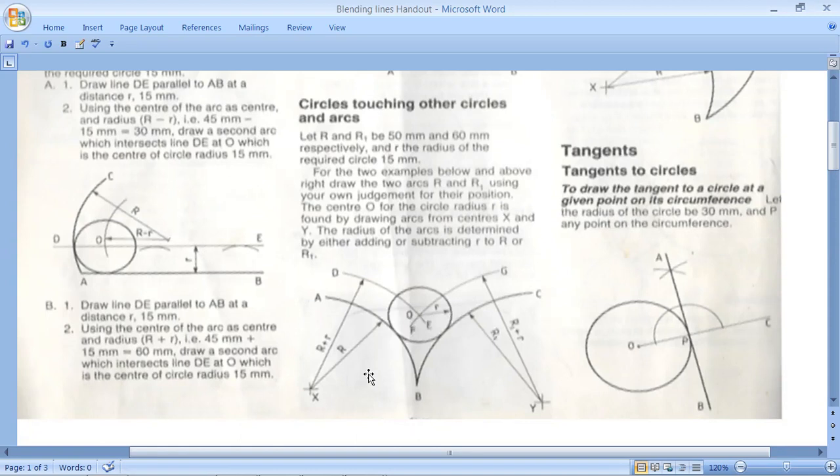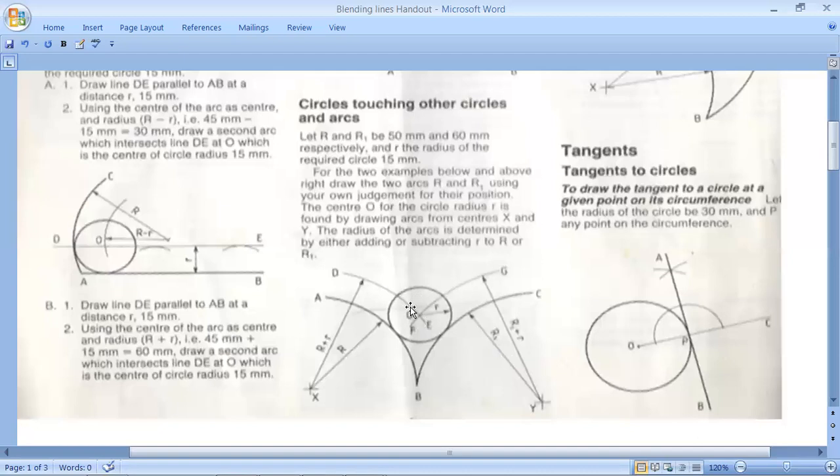When this happens, we need to add the radius of circle 1 plus the radius of the circle that we want, to get the first arc. The radius of the second circle given plus the radius of the circle that you want, to get the second arc.